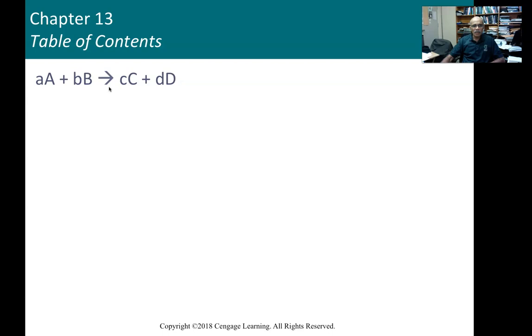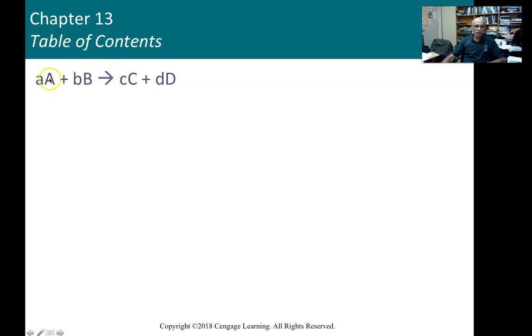So this arrow here indicates that the reactants are moving to form the products. The question we have is, to what extent are the products going to be all that is left at the end of the reaction? Or is it going to be products with some of the reactants? So these are the questions that are going to be answered here when we deal with equilibrium.